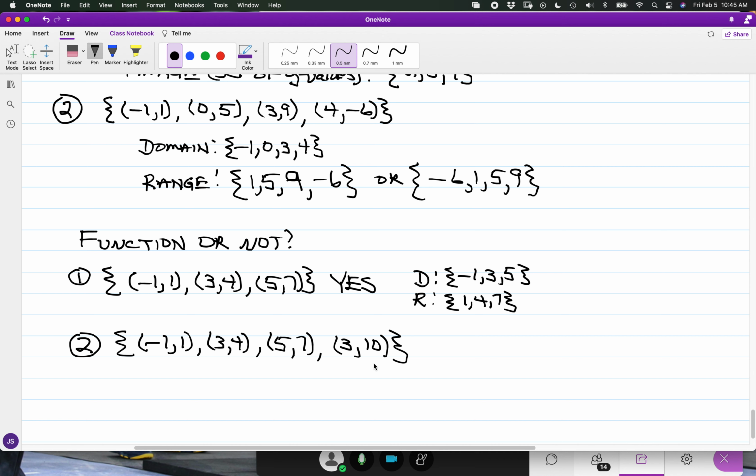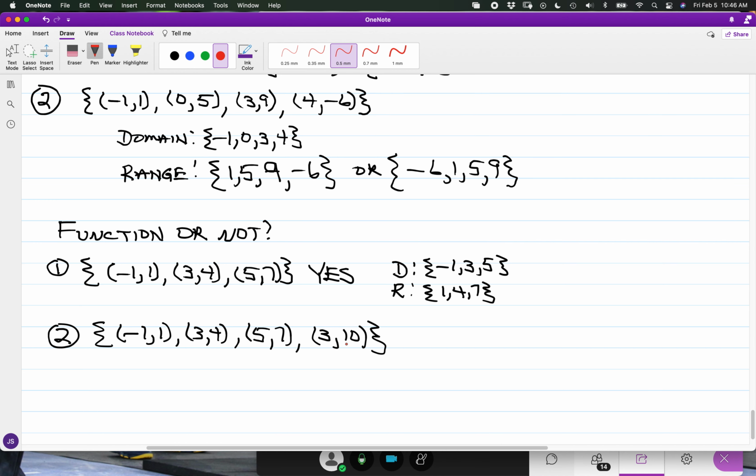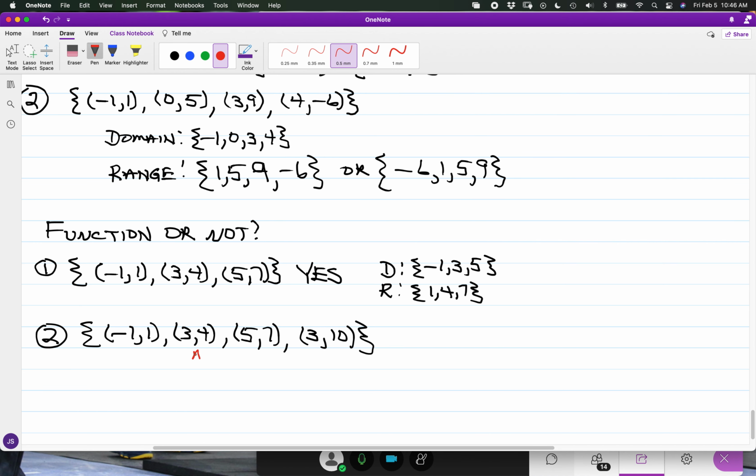And guess what? That x value 3 repeats, and it repeats with a different y value. So you have the same x and a different y. Because of this, this set of ordered pairs is not going to be a function.